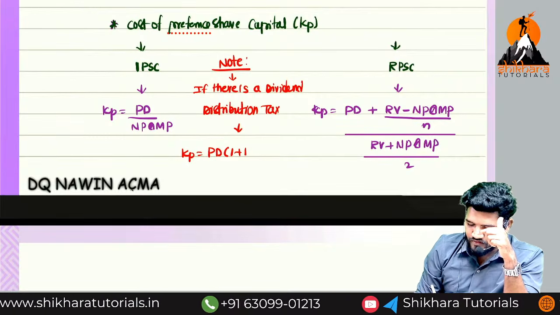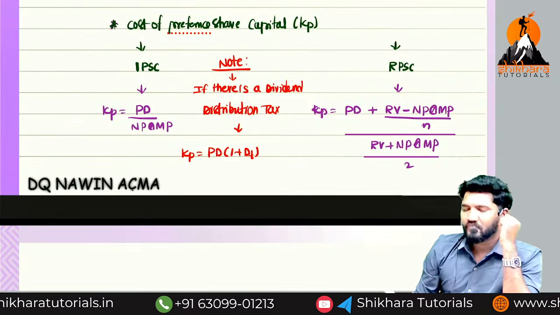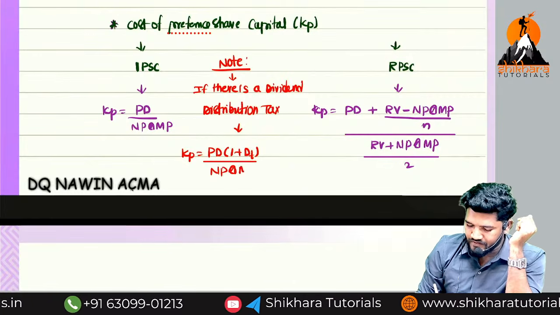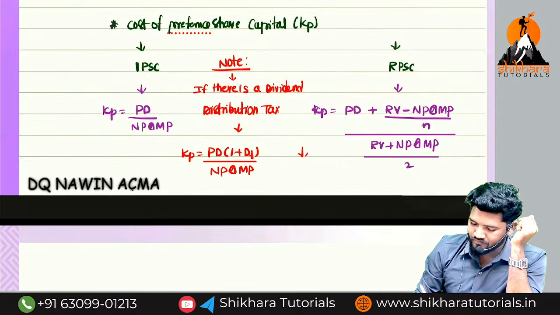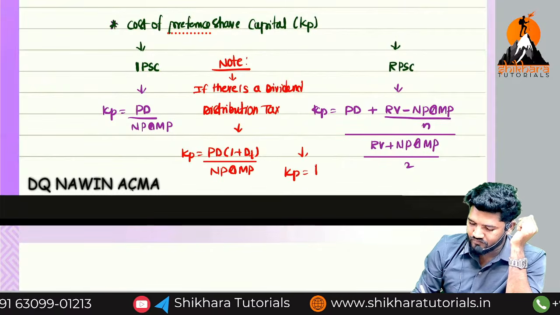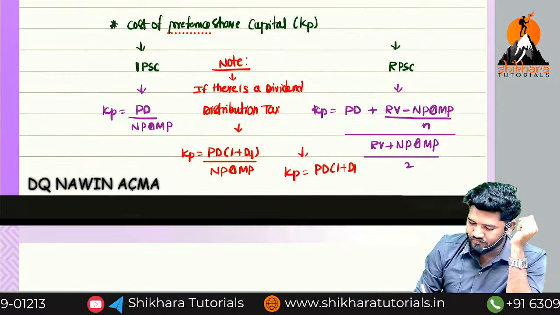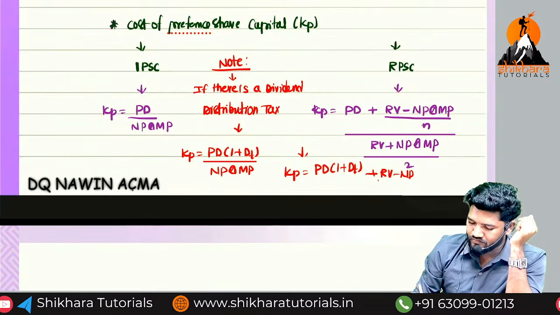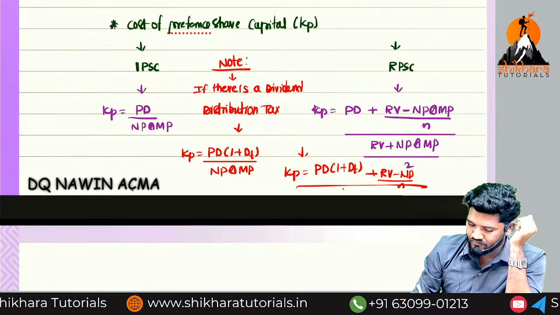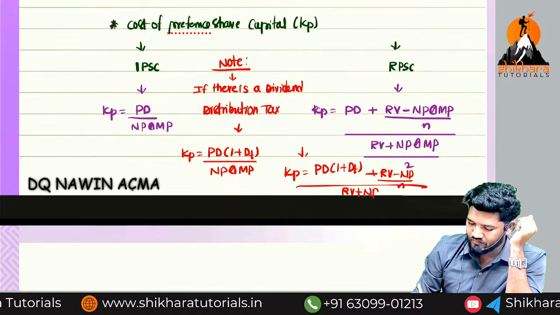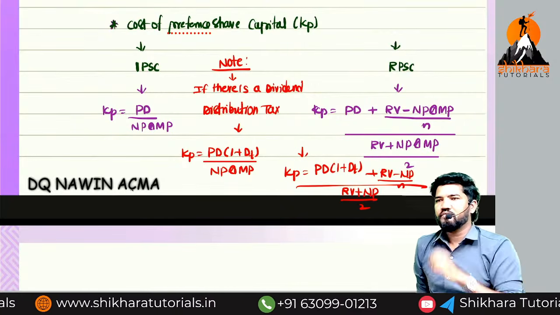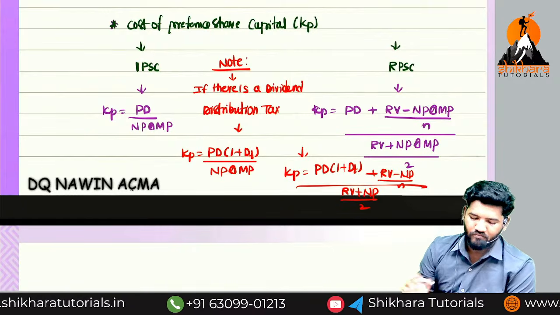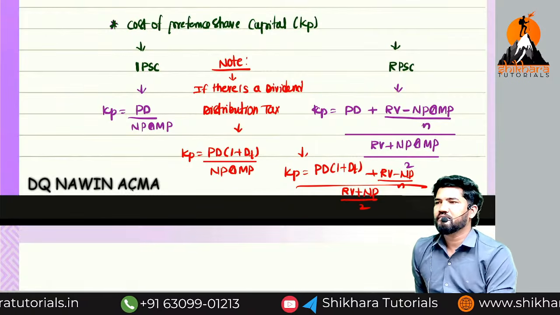So, 1 plus DT, divided by net proceeds or market price. This is the concept of cost of preference share capital. Any doubt about this cost of preference share capital?